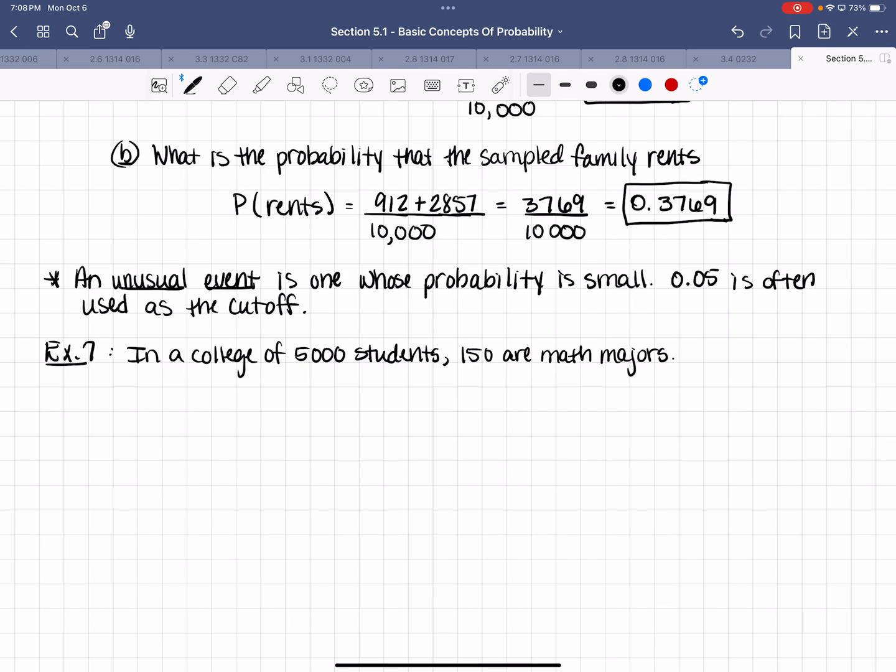Okay. A student is selected at random and turns out to be a math major.